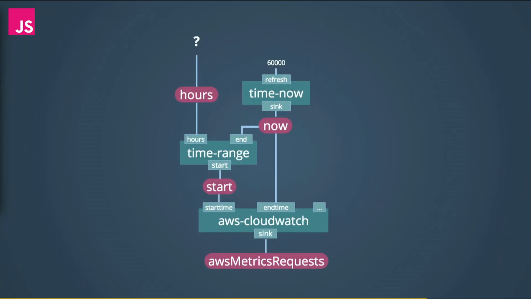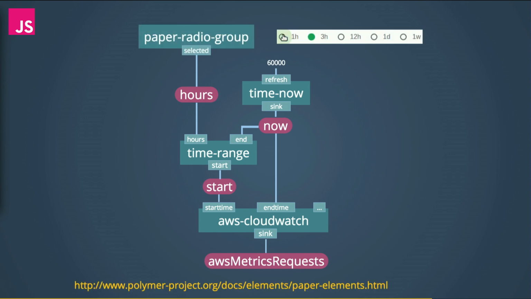What do we want? We probably want a custom number of hours, because what if your servers died a horrible death like an hour and a half ago? Well, you want to be able to change that time range. So if the user needs to do it, we want a bit of a UI element. Again, I'm lazy, so I'm not going to write my own. I'm just going to steal this one from Google, and that's what they're for. We're just going to take the paper element, which is a custom element they've written, and that's going to export a simple integer value that we're going to bind as hours.